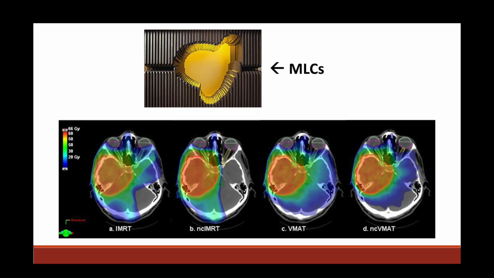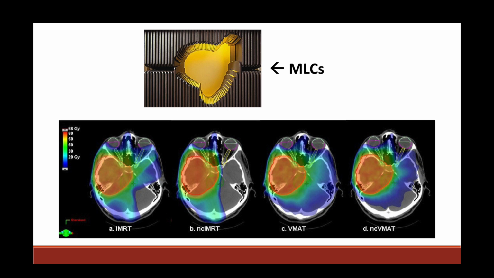Here are some more examples of IMRT, and in the top image, you can see what those multi-leaf collimators, or MLCs, look like. They have widths that really vary, but they can be anywhere from, I think, 5 millimeters to a centimeter, typically on the order of millimeters.